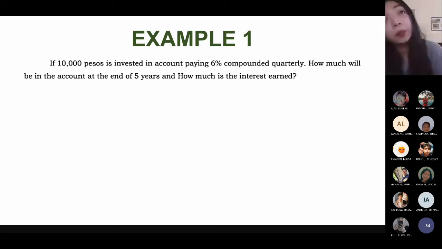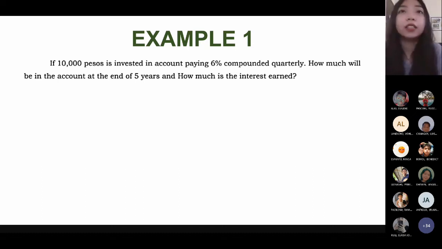Ayan. For our example number 1, if 10,000 pesos is invested in account paying 6% compounded quarterly, how much will be in the account at the end of 5 years, and how much is the interest earned? So again, when you are given a word problem, hanapin muna natin kung ano yung mga values na ibinigay as well as kung ano yung hinahanap.